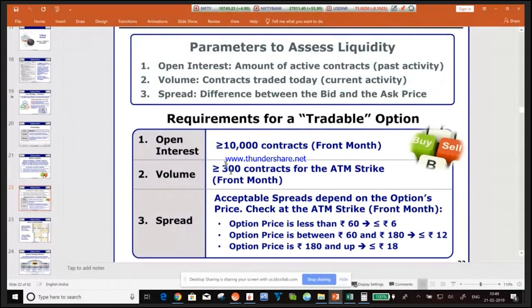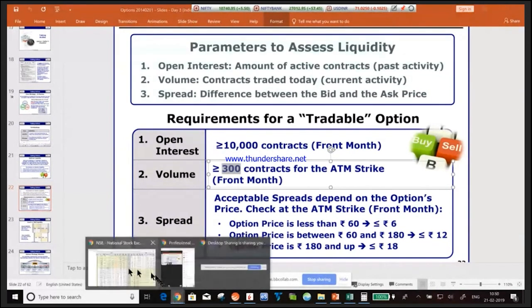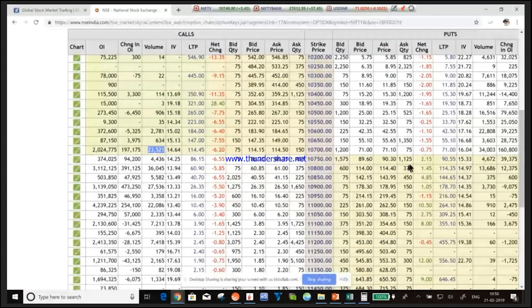Okay. So is the Nifty's at the money strike open interest greater than 300? You look at both call options and put options. Call option 23,521, put option 34. So that means there is enough volume every day.